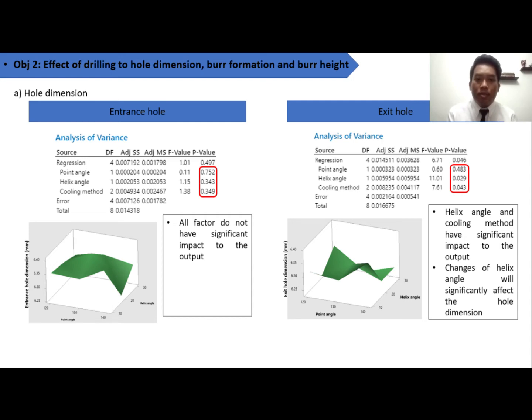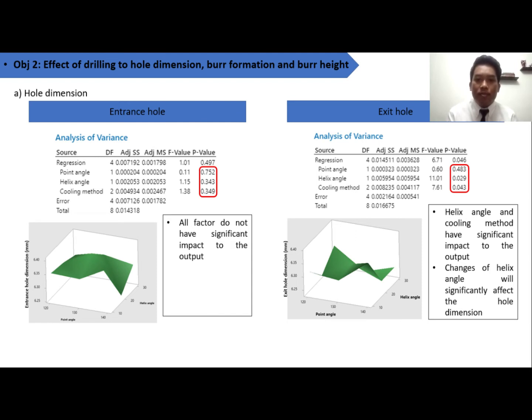It can be seen based on the P value of the analysis of variance that helix angle and cooling method have value less than 0.05, while point angle has a larger value. It shows that the point angle does not have a really significant impact.